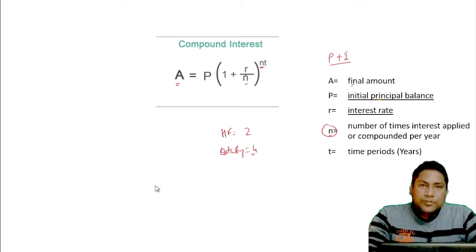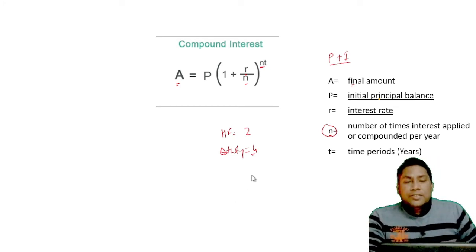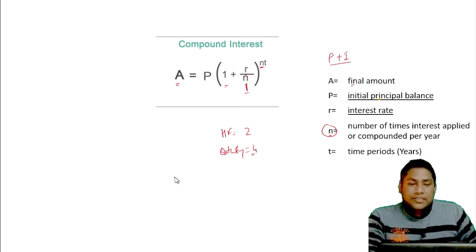Most of the questions ask to take out the interest annually. For annually, the value of N will be 1. So we can write the formula for annually.